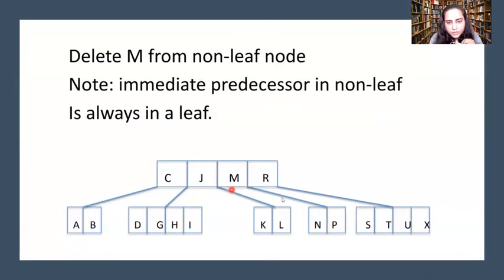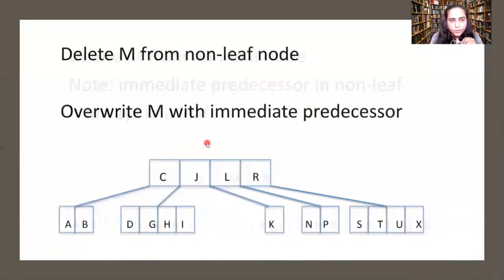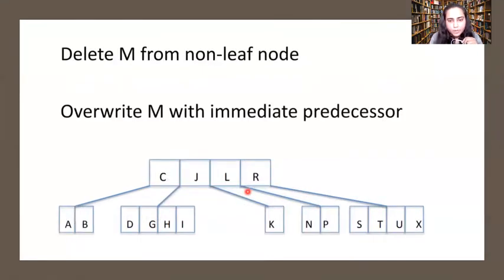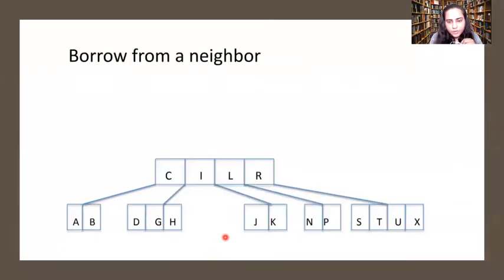After doing that, here there's only K left and L goes upwards. So that part is clear. And then you can borrow from the neighbor. In the previous step, we saw that K is the only key left over here, so we are going to borrow from the neighbor.